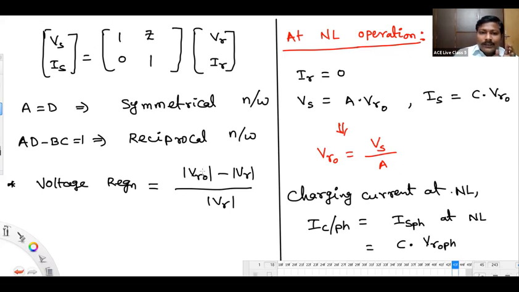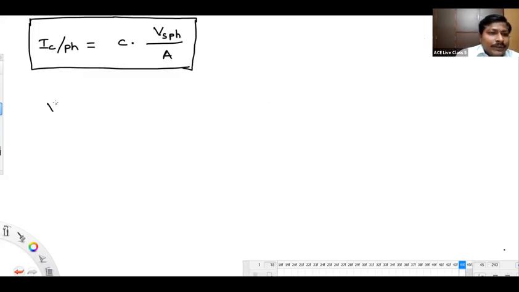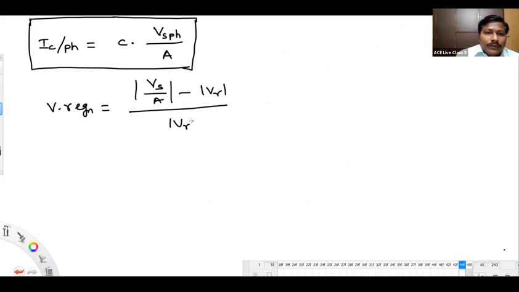Mod VR0, that VR0 you can replace with Vs by A, and you have VR. So the voltage regulation equation will be mod Vs by A minus mod VR by mod VR.